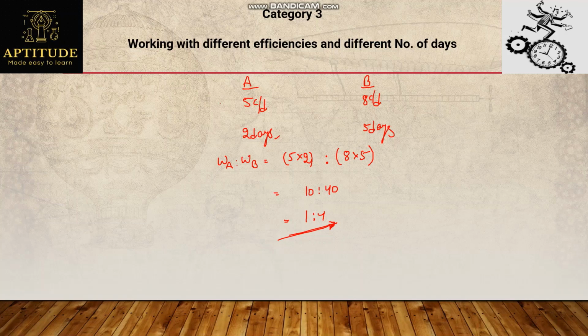Here I gave directly efficiencies and number of days. But in the problems they will not give efficiency and number of days as directly as this. We need to find efficiencies and number of days by using the general process in time and work, like how we solved time and work problems in part 1 and part 2 of the videos. According to that we need to solve. So let's solve a few problems in this video itself so that you'll get an idea how problems can be expected.